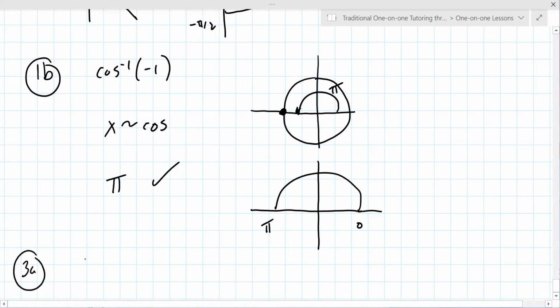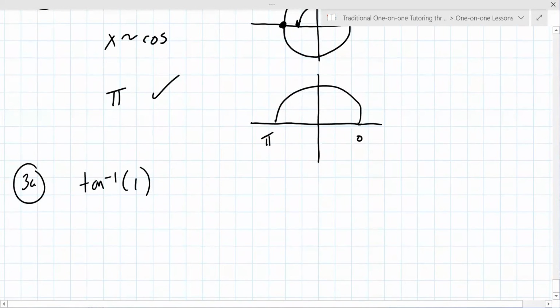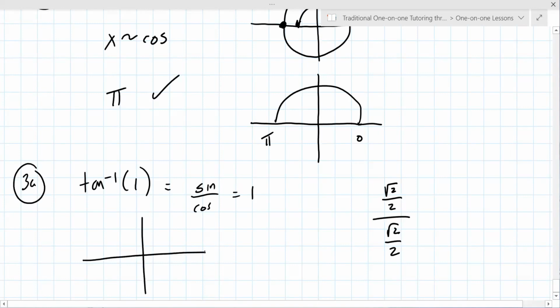This is arctangent. Arctangent is the same as tan inverse of 1. So there's a few ratios of this. This is where the sine over the cosine values equals 1. So that means it's wherever they're the same, and that's the square root of 2 over 2 over the square root of 2 over 2. Basically on the unit circle, it's wherever x equals y, which occurs right here at the angle pi over 4, and if you go all the way around, at 5 pi over 4.